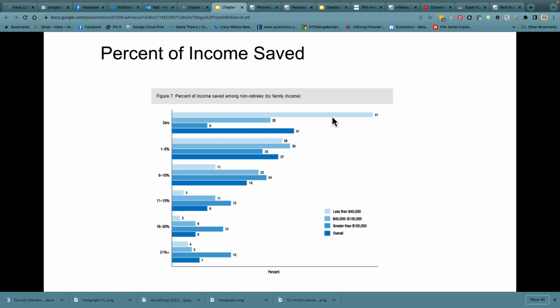We understand that saving is very difficult when you're at a lower income level, because you're spending more of your income on the things that you really have to buy. But then when you get down here to these higher levels, notice, so here this blue is our highest income level. That's the greater than $100,000. So you see, as we get to the higher levels, that's definitely standing out from the others.